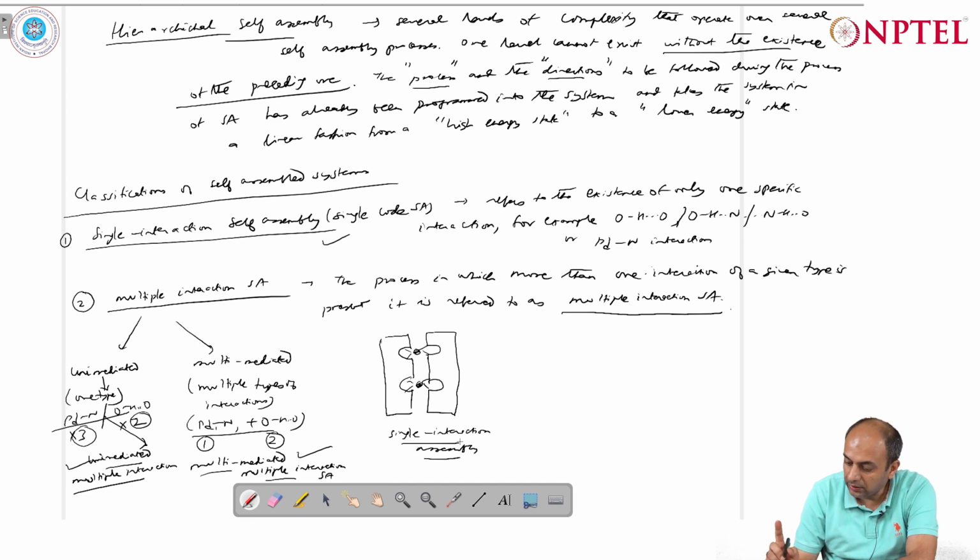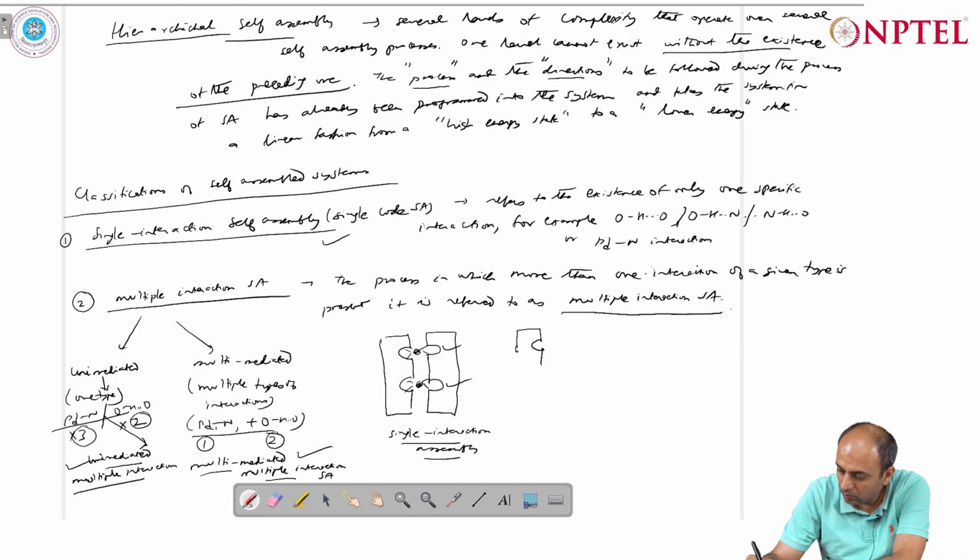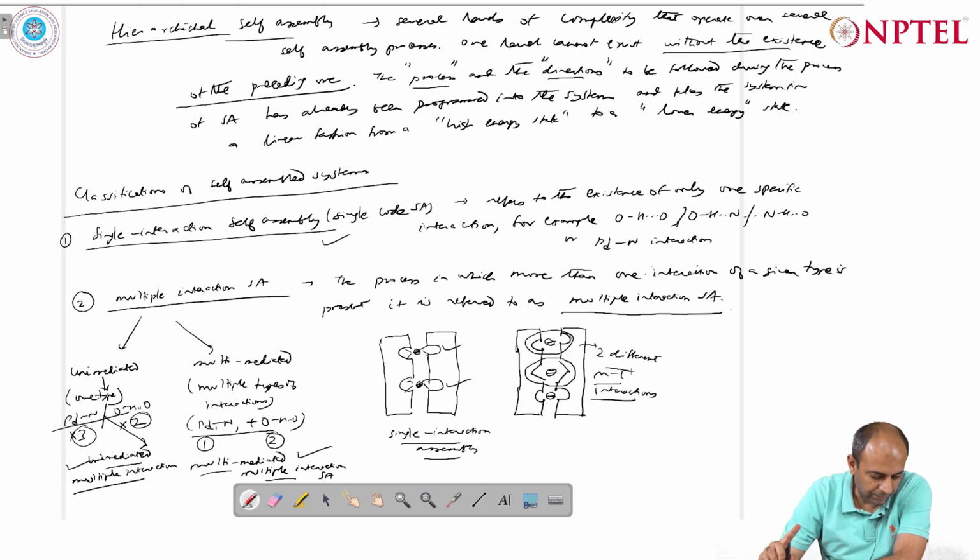We have got the same type of metal ligand interaction at all the regions. But now we change. So, now we see we put a metal here, we put a metal here, we have put a metal here. So, this is a different environment and this is a different environment. So, we have got two different metal ligand interactions, but the type is the same.